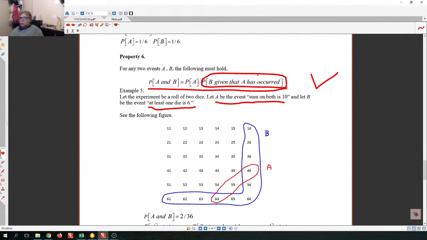You can ask, what's the chance that Roger Federer beat Novak Djokovic in a final when you know that he won the first 2 sets? That's a conditional probability.